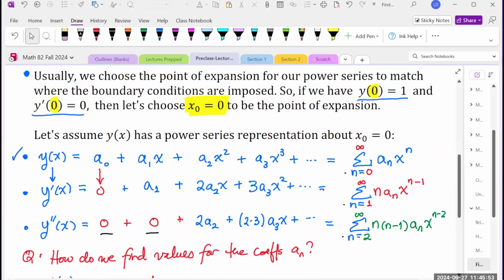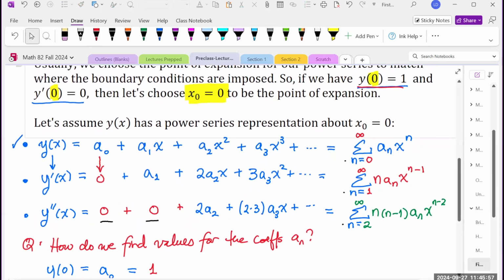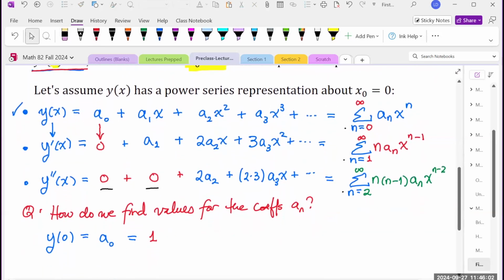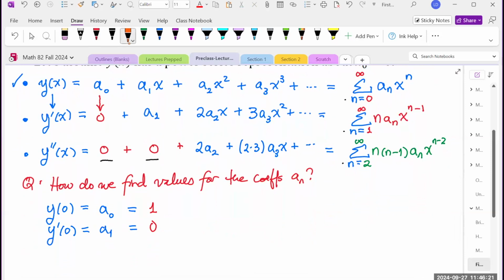Remember, our boundary condition was right up here. Remember also that we have a second boundary condition, y prime of 0 is 0. So similarly, from the series, I know that y prime of 0 is going to be a1. And from the boundary condition, y prime of 0 has to be 0. In this way, I have already determined values for a0 and a1. Let's go to the next page and continue with the process.